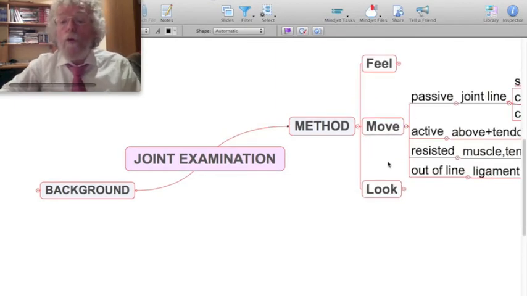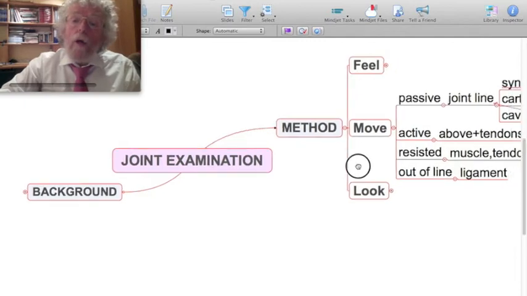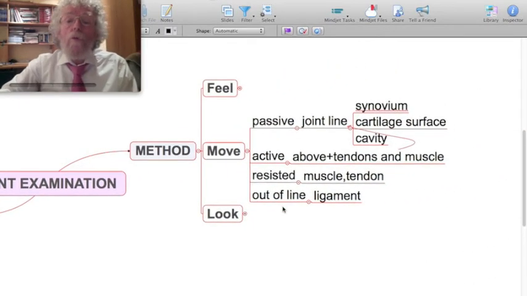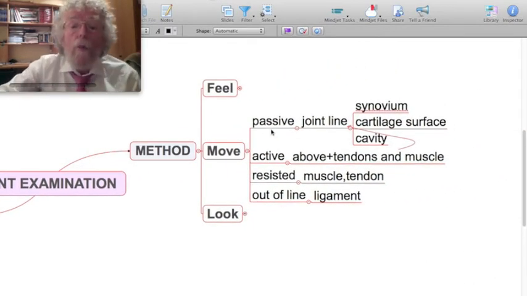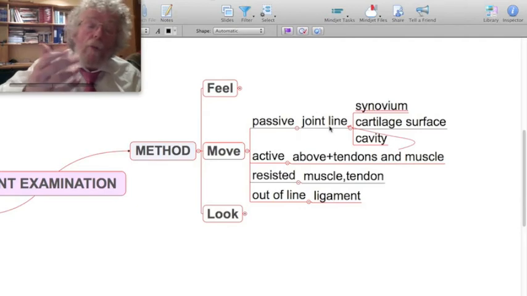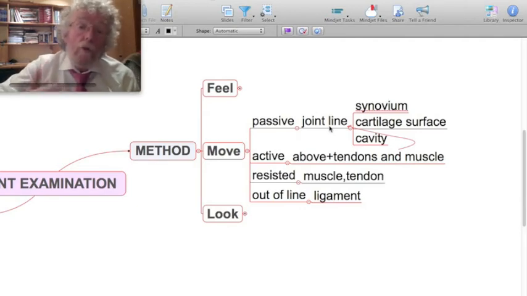To move the joint, here it warrants some sort of thinking about. There is passive movement, active movement, resisted movement. So passive movement, you're examining structures on the joint lines, such as the synovium, the cartilage, bone, and the joint cavity.